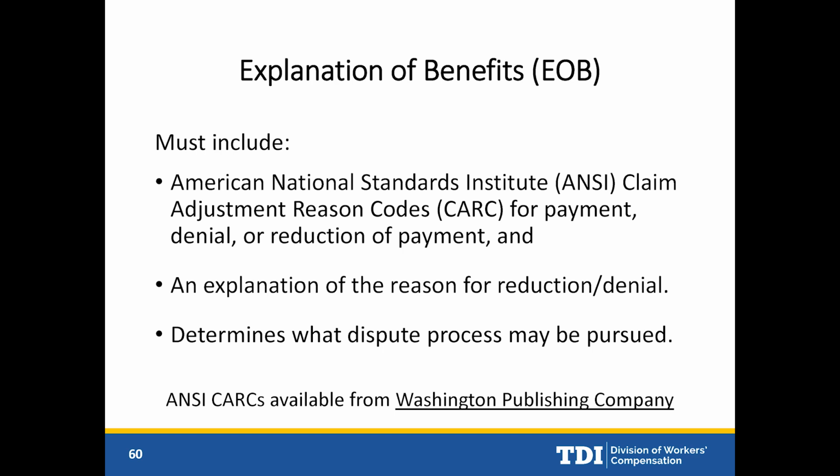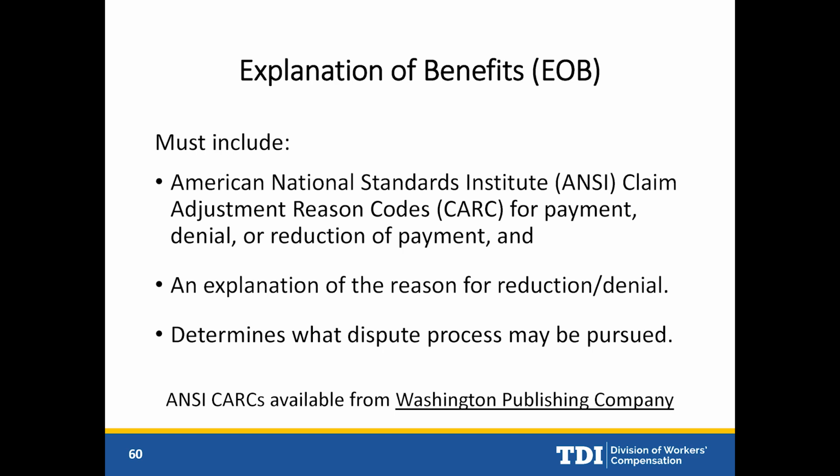Now, an EOB can come on a form or it can come in a letter. There's no specific form it needs to be on. However, it has to have the same information that's required. The carrier must use the ANSI CARC codes, the American National Standards Institute Claim Adjustment Reason Codes, for payment, denial, or reduction of payment.